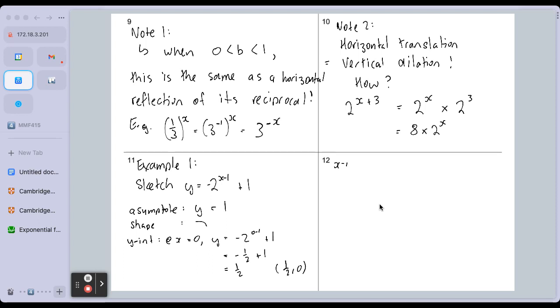X-intercept. At y equals 0, we have 0 equals negative 2 to the power of x minus 1 plus 1. Subtract 1 from both sides and we get minus 1 equals minus 2 to the power of x minus 1. That means that 2 to the power of x minus 1 is equal to 1.